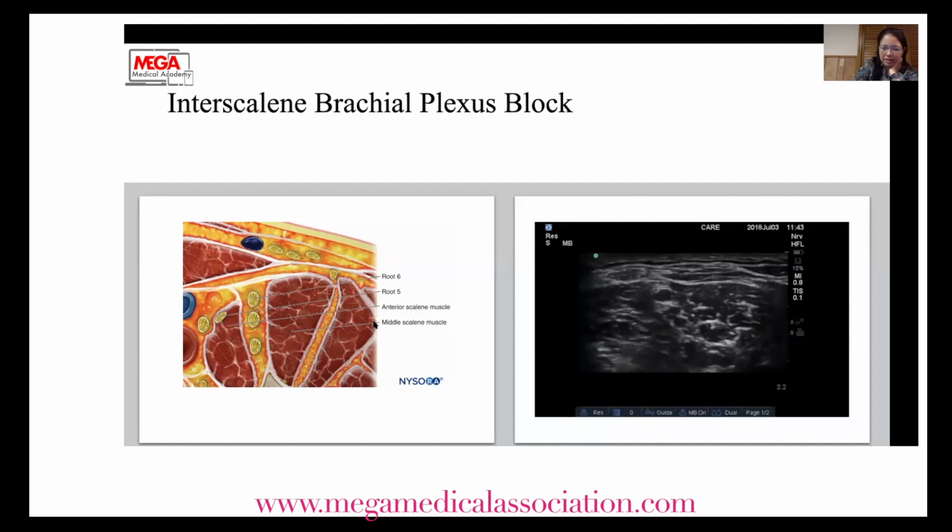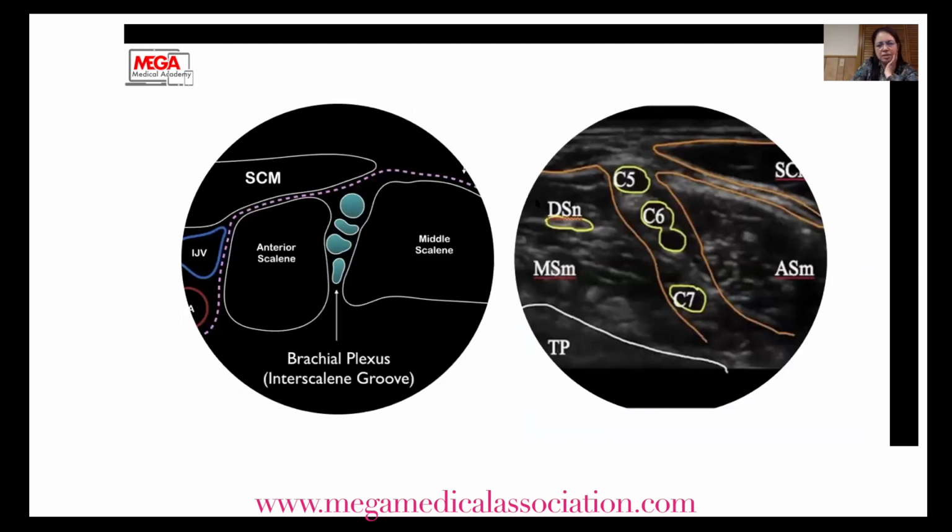So when you come from the back to the front with the needle, most probably you're going to go through the middle scalene muscle. Sometimes you have a dorsal scapular nerve here, and you can hit it without even noticing it. And you try to put your needle here. So you find these nerve roots. This is C5, and this is C6, and this is C7.